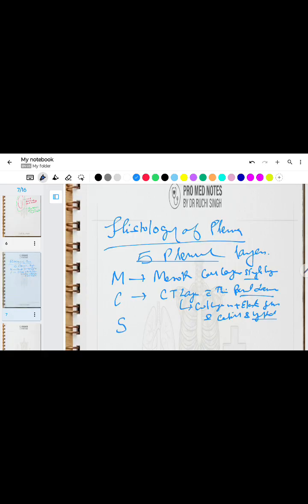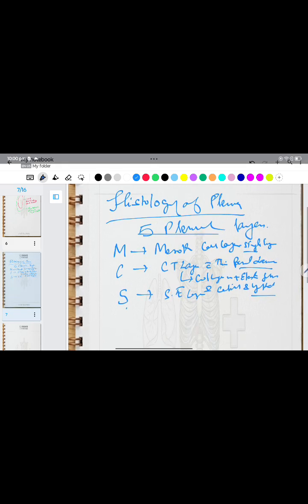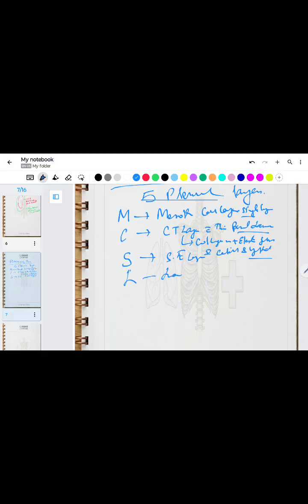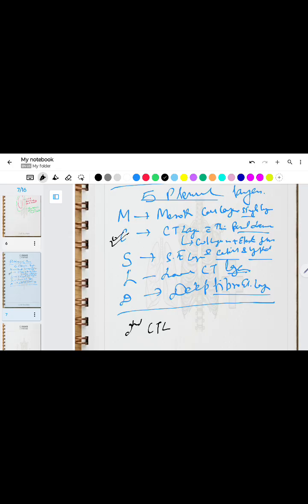Next is the superficial elastic layer. Okay, then there is loose connective tissue layer, and last there is the fibroelastic layer. Okay, so amongst all these five layers, the layer which is most important is the connective tissue layer with thin basal lamina.